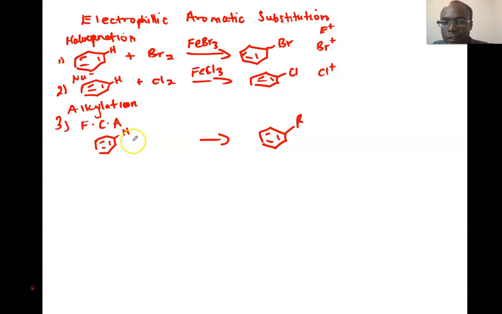So let's say you have an R chloride. We're going to need a Lewis acid. For Friedel-Crafts, we always used aluminium trichloride. So you'll end up with the R group there, and the chloride is going to fall off. So the electrophile here is a carbocation.